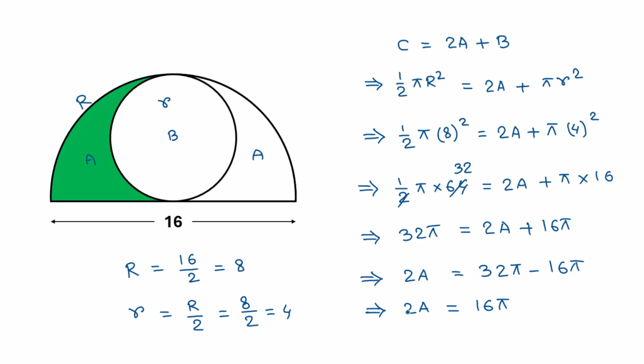Dividing both sides by 2, we will get A is equal to 16 divided by 2, which is 8 times pi. The value of A, that means the area of this green region, is 8 times pi. And this is the solution of our given problem.